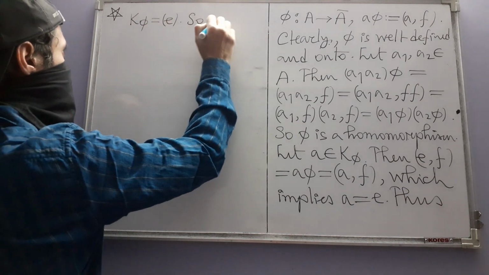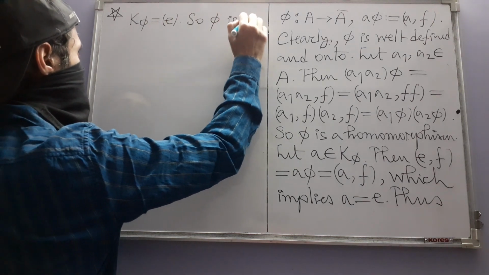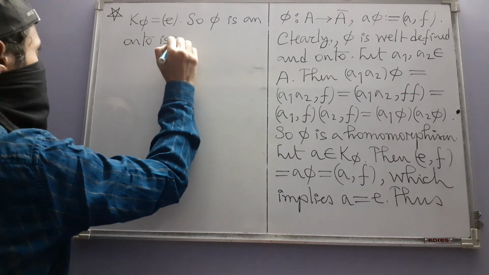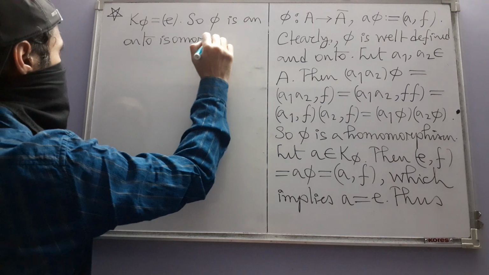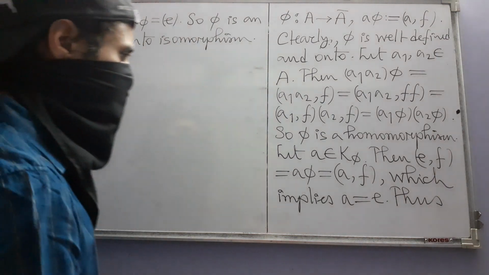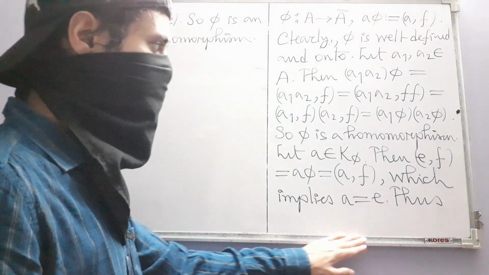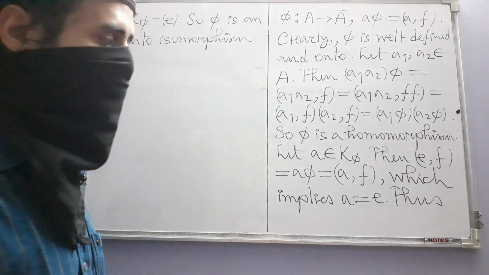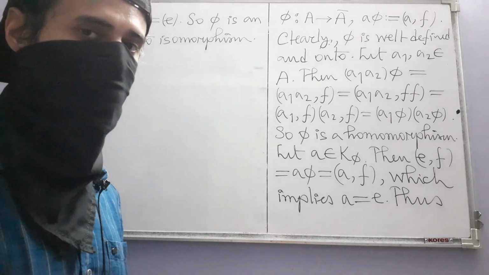So phi is an onto isomorphism. In most of the group theory books, an isomorphism automatically means onto, but in this book, an isomorphism only means a one-to-one homomorphism.